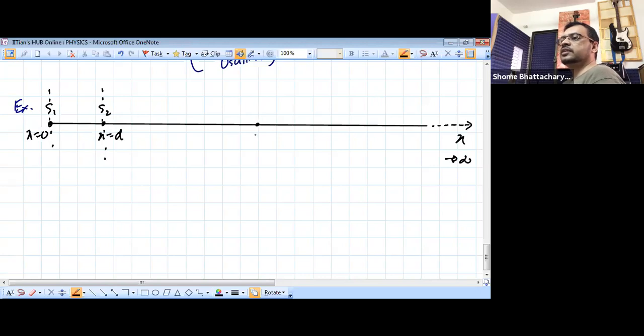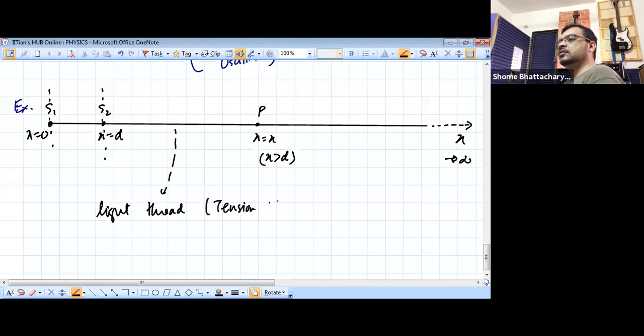We have to find the net displacement at x equal to x, where x is greater than d. This is a light thread under a tension of, let's say, 1000 newtons, with a linear mass density of, let us say, 4 gram per centimeter.